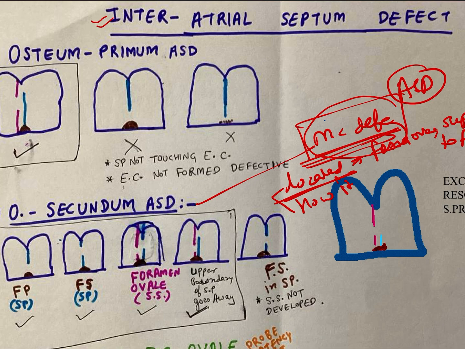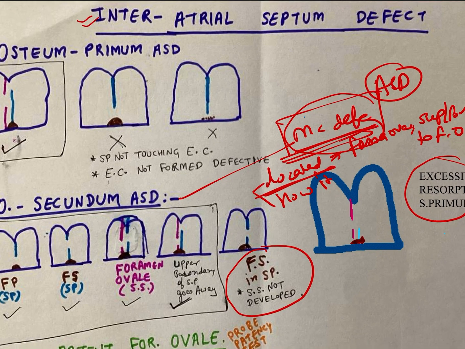If you look carefully at this diagram, what is the reason for the ostium secundum formation? These are two regions of forming ostium secundum ASD.